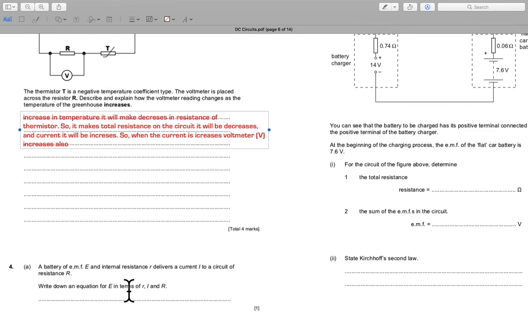This is actually about Ohm's law. When we know V as the E, it equals I times the total resistance, the fixed resistor plus the internal resistance, small r. Yes, like that one.